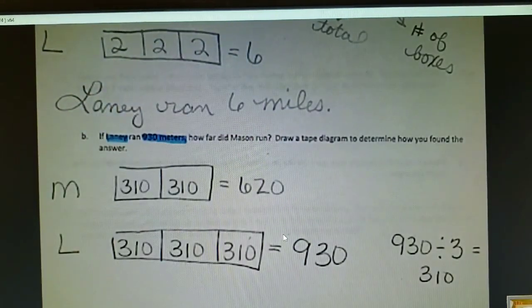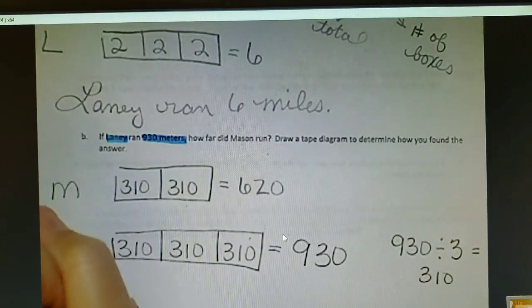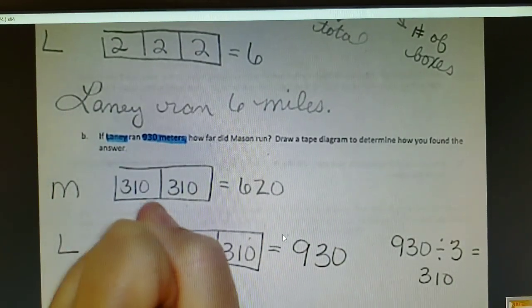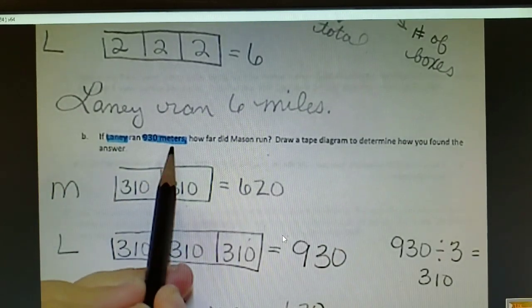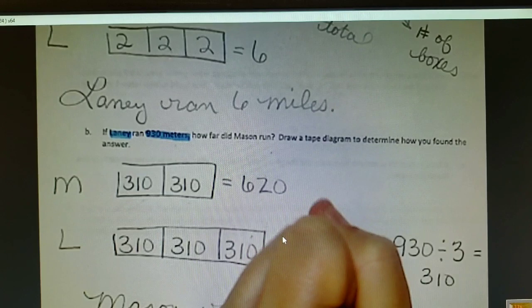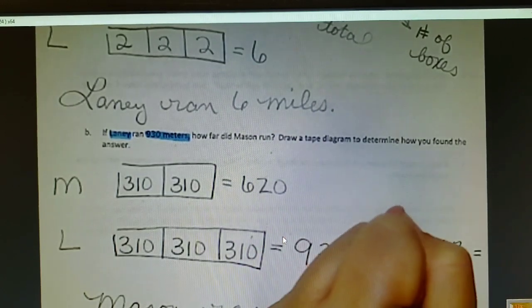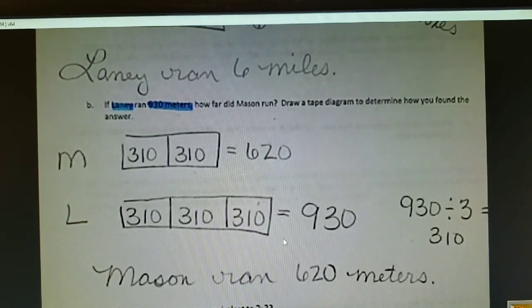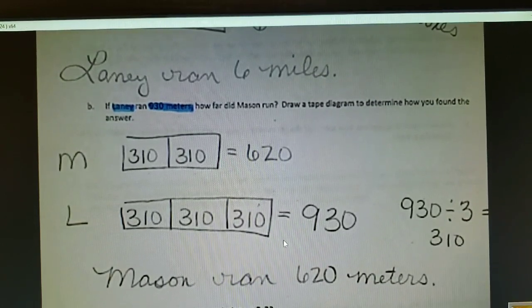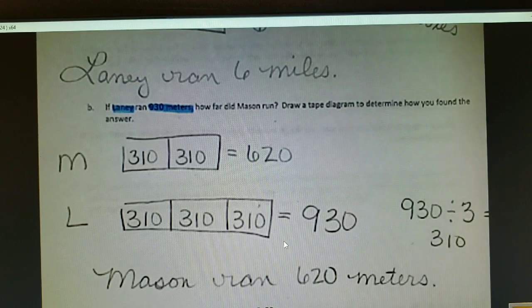Okay, so Mason ran 620 meters. We're going to make sure we put the correct measurement on there. Okay, so there's a look at exercise 3 for A and B.